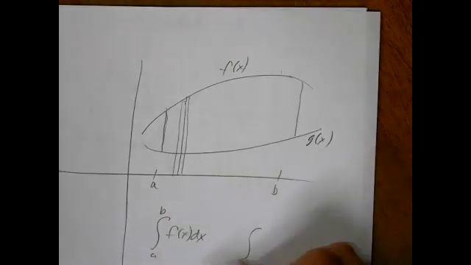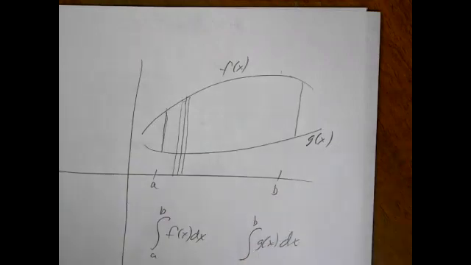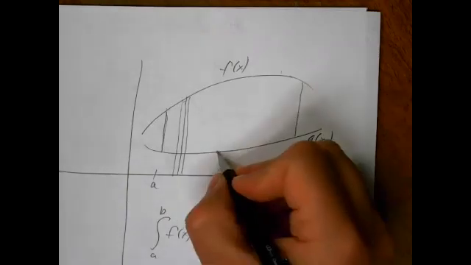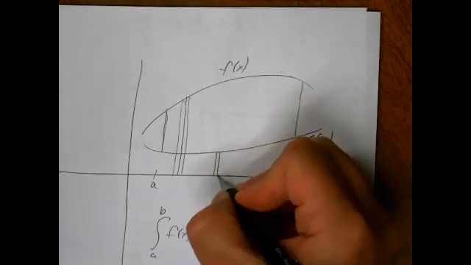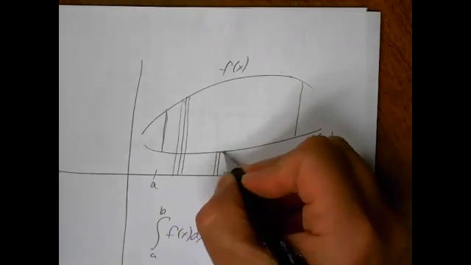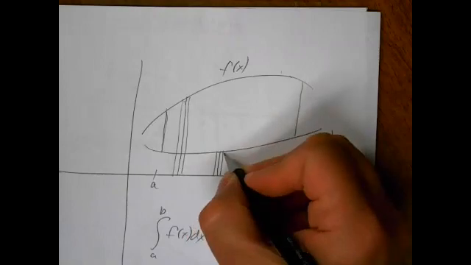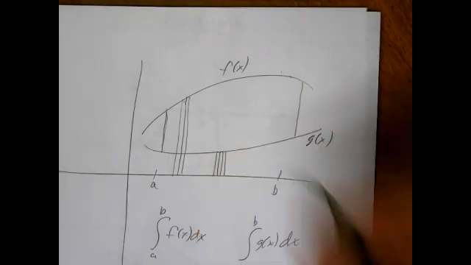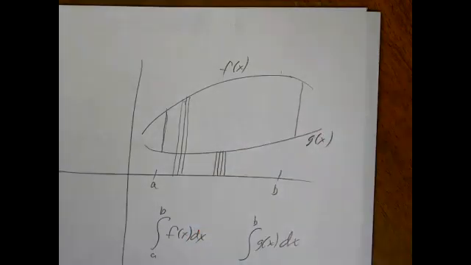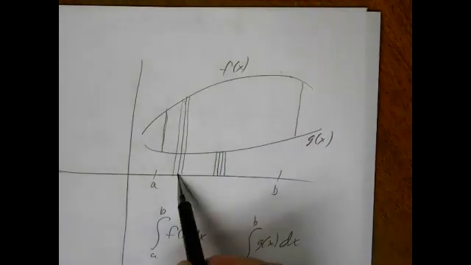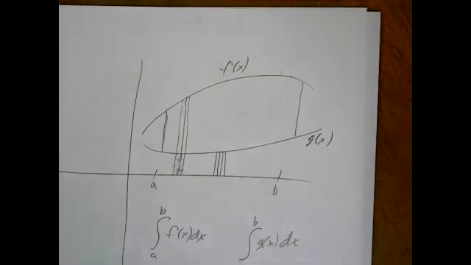If you were to integrate from A to B, the g of x dx, the area that would give you would be down here, which is actually not more than the region we want. It's actually the exact region that we didn't want. But what subtracting this g of x would do would be to remove from your calculation this region that we did not want.